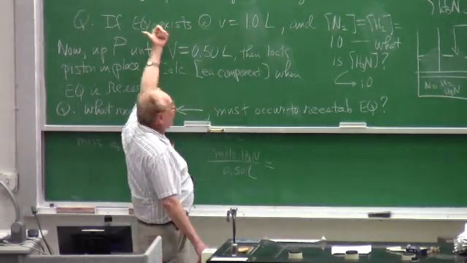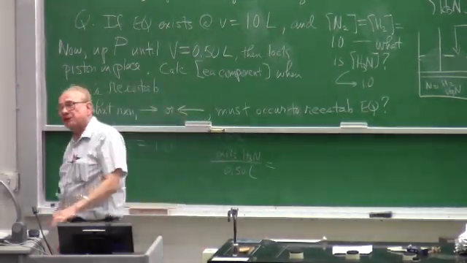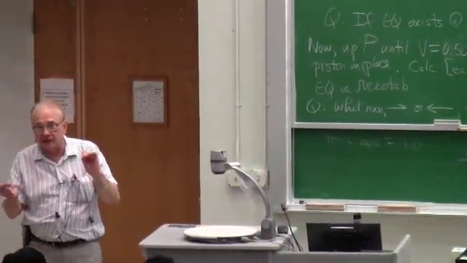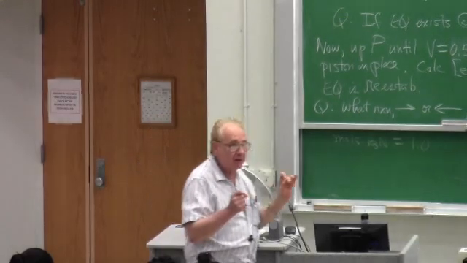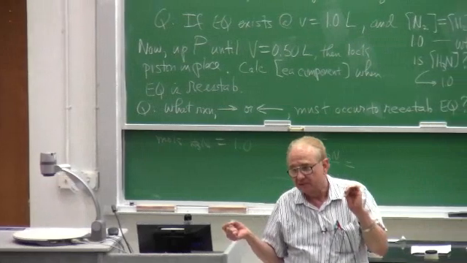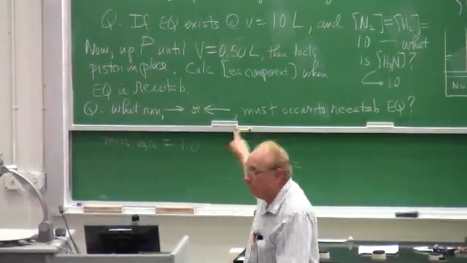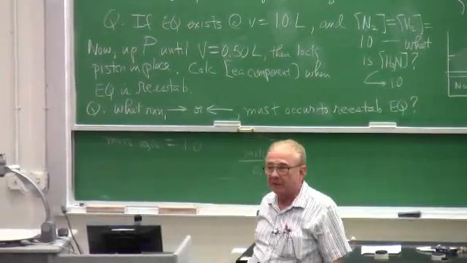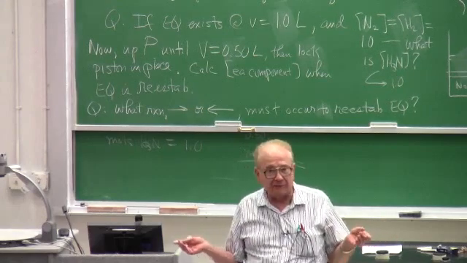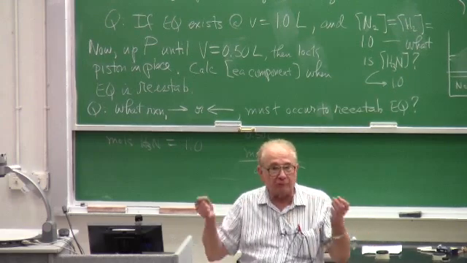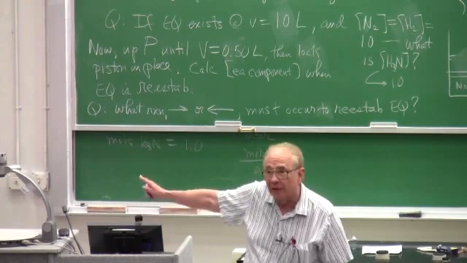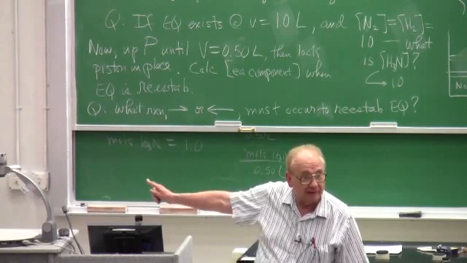Because as I go this way, I am in fact reducing the number of particles in the system. Because every time I make 2 ammonia molecules, I must do so at the expense of consuming 1 nitrogen molecule and 3 hydrogen molecules. Nothing fancy about that. All we're doing is letting that reaction equation talk to us. Conversely, if I reduce the pressure and let the system now occupy a larger volume, then we're going to travel from fewer moles to more moles. So that would encourage this reaction to get us back to equilibrium, to go as written, left to right.